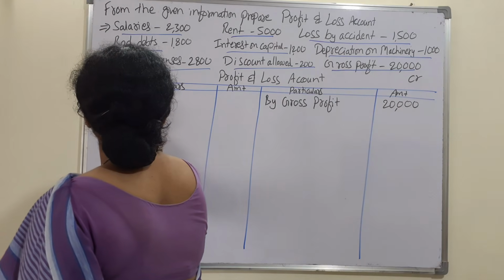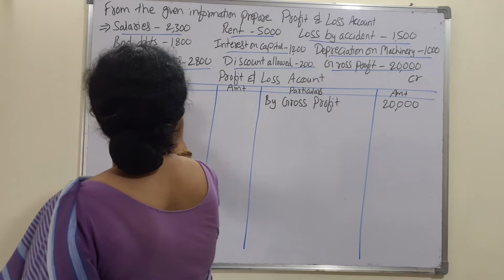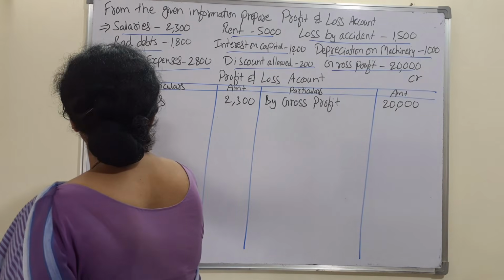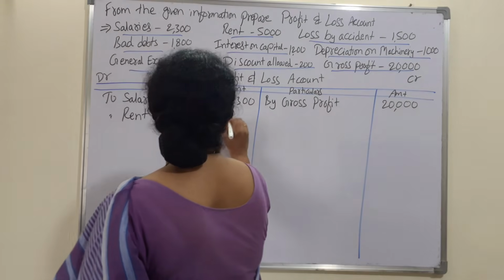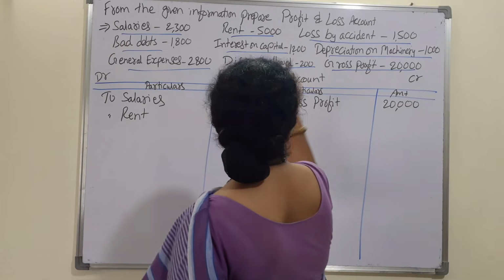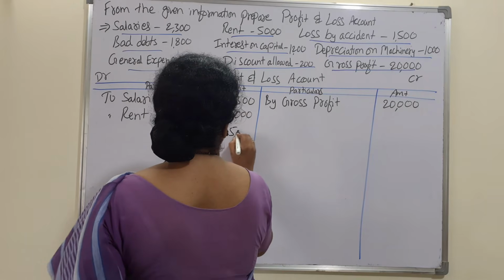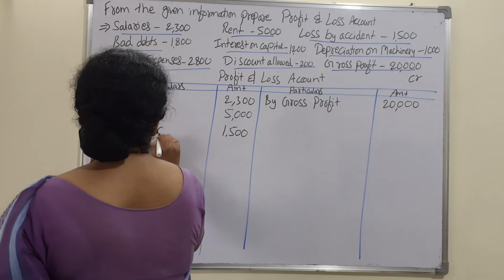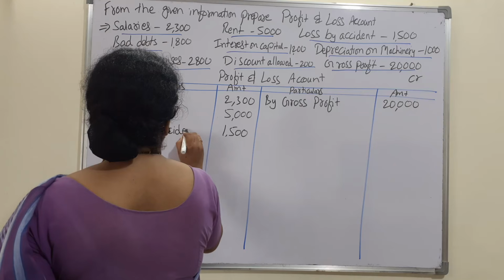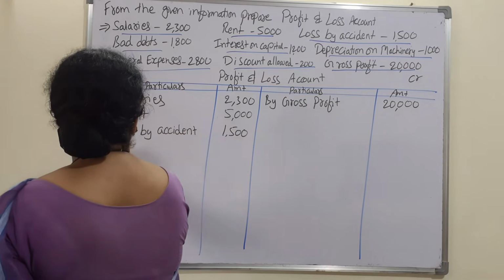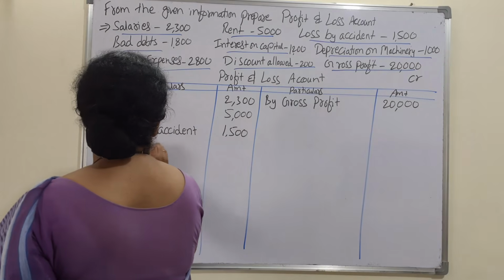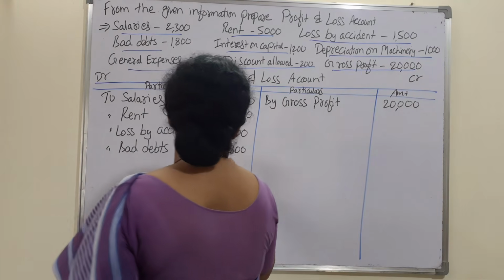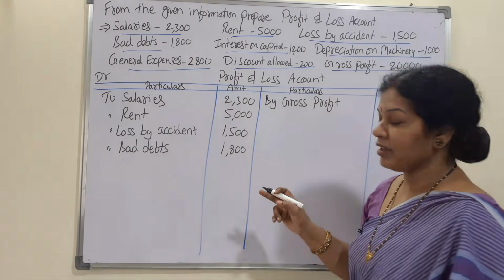Salaries 2,300. Rent 5,000. Then loss by accident 1,500. Bad debts 1,800. Interest on capital 1,200.